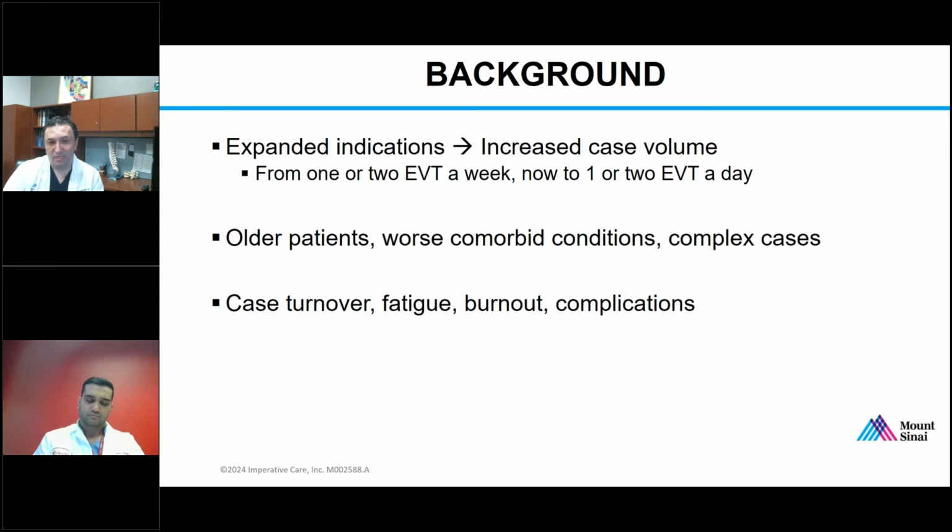Therefore, this really increases the chances of complication, the potential for burnout and fatigue, and the issues related to workflow of the team in terms of case turnover and the utilization of resources to handle the workflow of the daily endovascular suite.